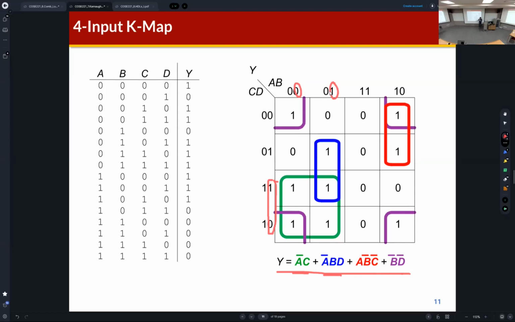So it can be optimized, it can be removed. Then if we just see this group, A is 0 and C is 1, so it represents A bar, and C. So we can represent this group as A bar C.